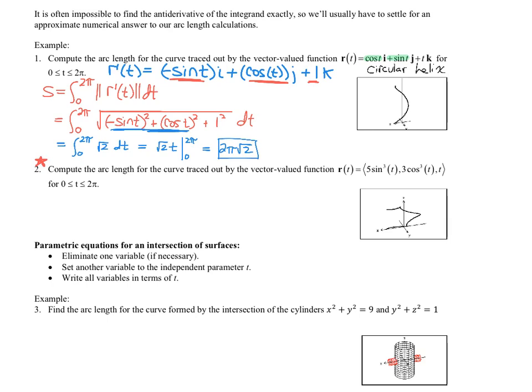And then the last thing here is the parametric equations for intersection of surfaces. I'm going to put a star on that and just ask you to consider it, not necessarily with the expectation that you're going to be able to go through the whole thing, but at least give it a little bit of thought, because when I go over it, I will tell you that you have all the knowledge and experience to be able to tackle this kind of problem.